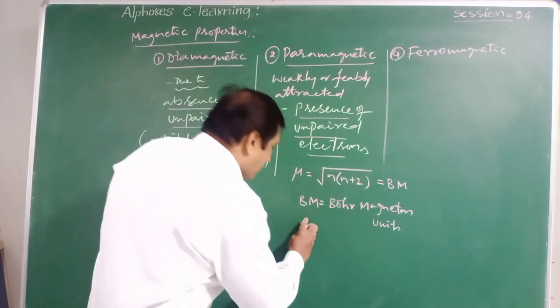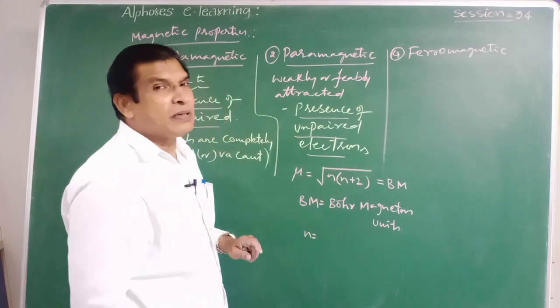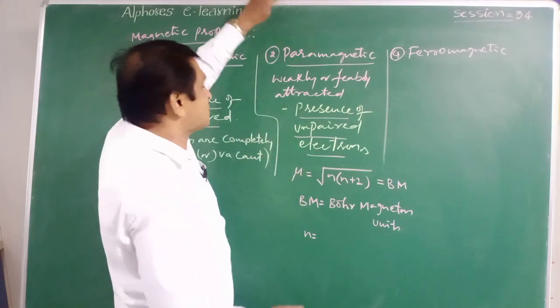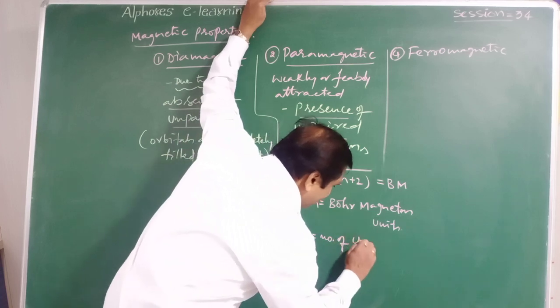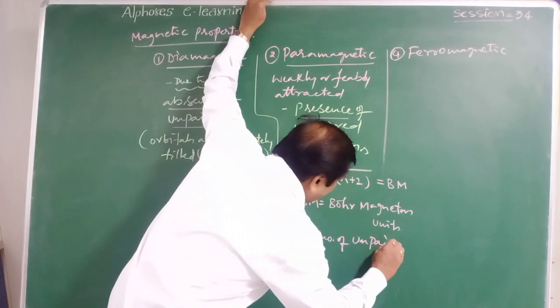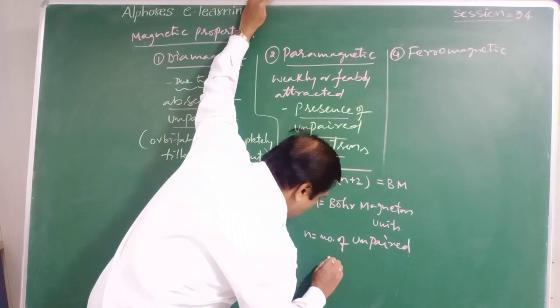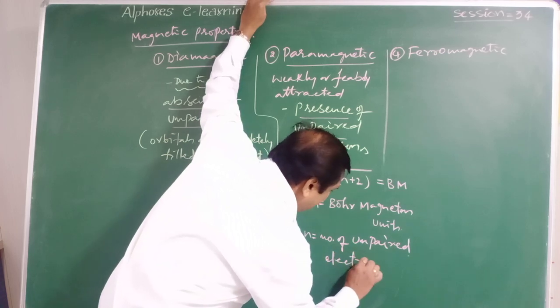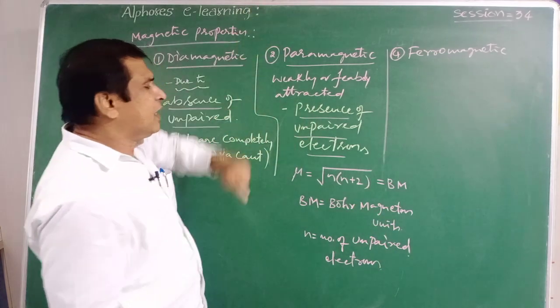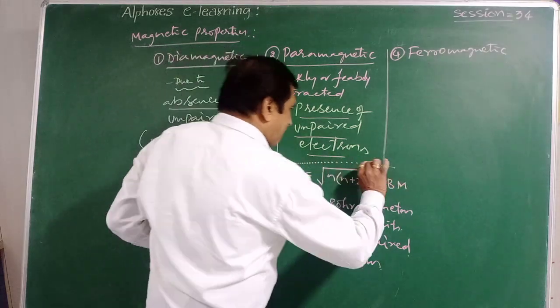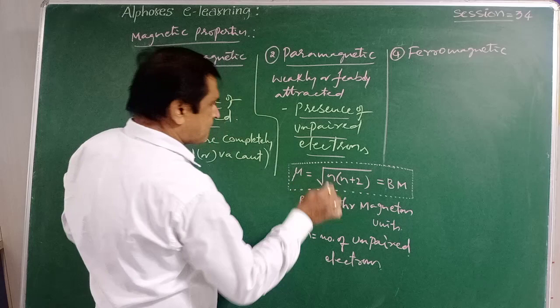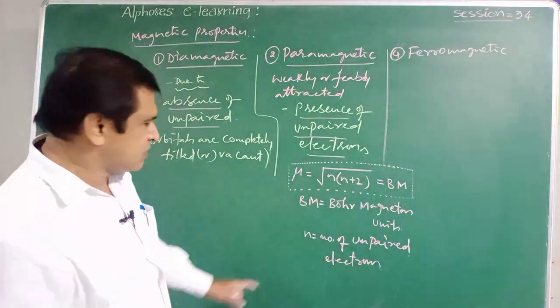What is n? Where n is equal to the number of unpaired electrons. This is the important relation we have to remember.